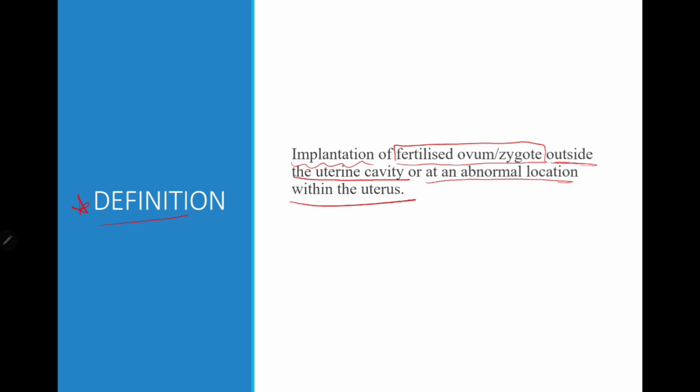So normally, where does the implantation occur? Normally, implantation occurs usually in the upper posterior part of the uterus. Now, if there is implantation of fertilized ovum or zygote outside the uterine cavity, outside means it can be fallopian tube, it can be ovary, it can be abdominal cavity, it can be anything outside the uterine cavity or at an abnormal location within the uterus.